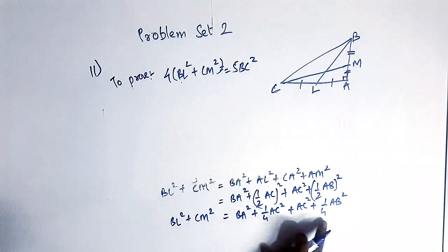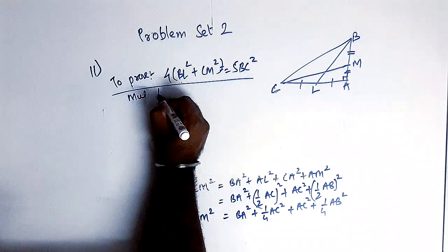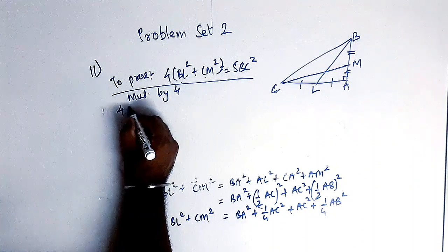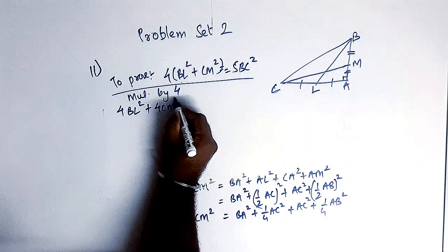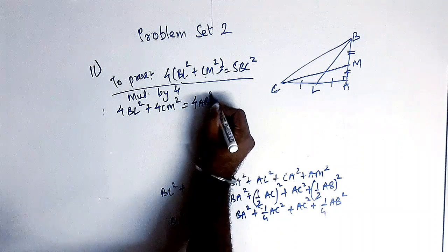Now I don't want this 4, so what I'll do is multiply the whole equation by 4. So this will become 4BL square, this will become 4CM square, this will be 4AB square.